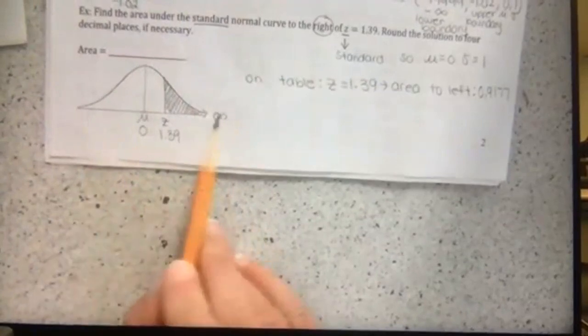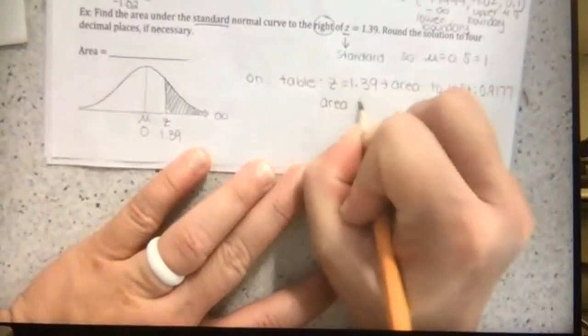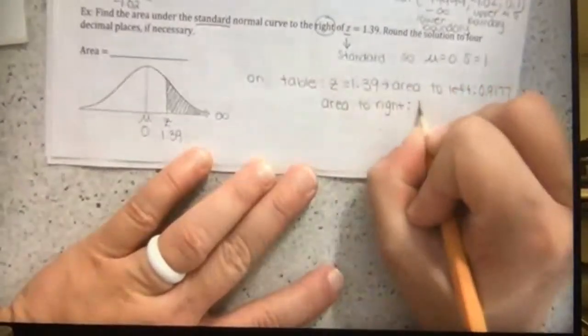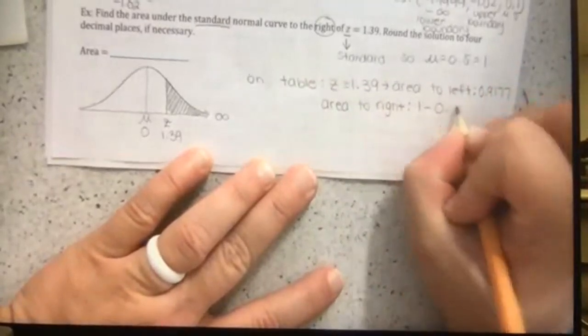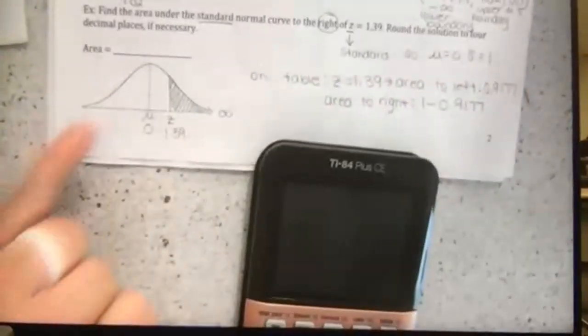We need to find whatever is left over. So I know the whole thing's 1. If the whole thing's 1 and we're trying to see whatever is left over, in order to find the area to the right, we're going to do 1 minus 0.9177. Again, the whole thing's 1. We know that this area on the left-hand side is 0.9177.